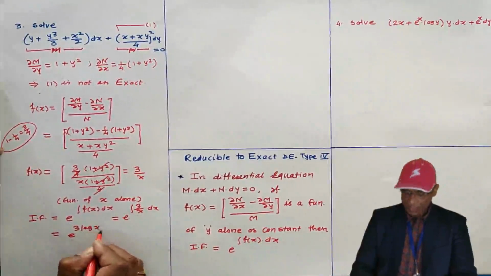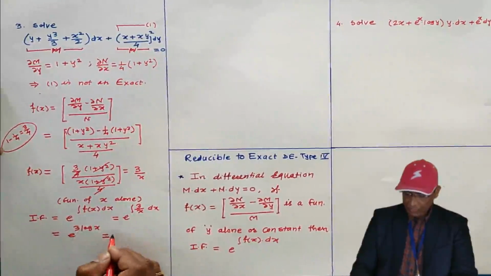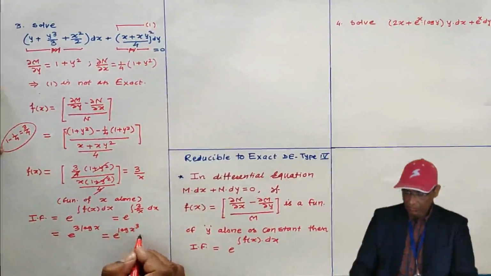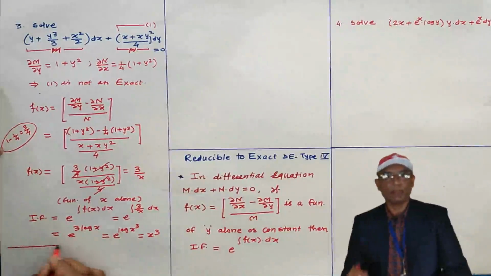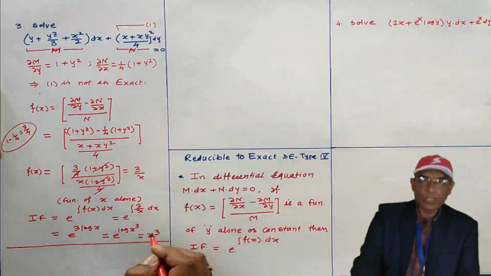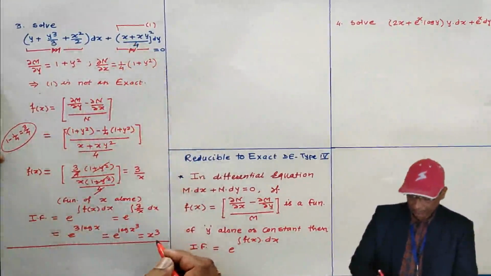Then e and log will disappear, and this 3 will come at the index place of x. In this way, the integrating factor will be formed. The differential equation will be given, and the integrating factor will be asked as an MCQ.